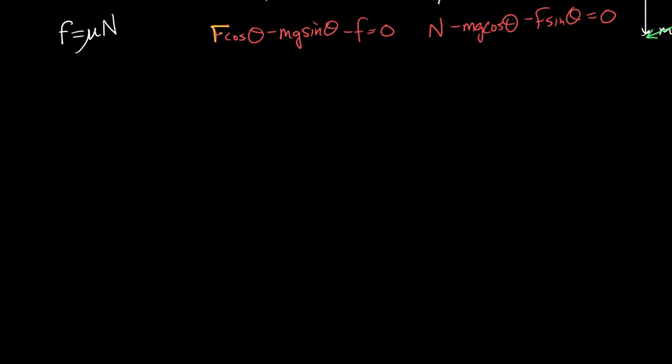We are looking for an expression for F. I have to eliminate normal and friction. It can't be in my answer. So I can't solve either one of these for F and turn that in, because it's going to be in terms of something that's not allowed to be in my answer.